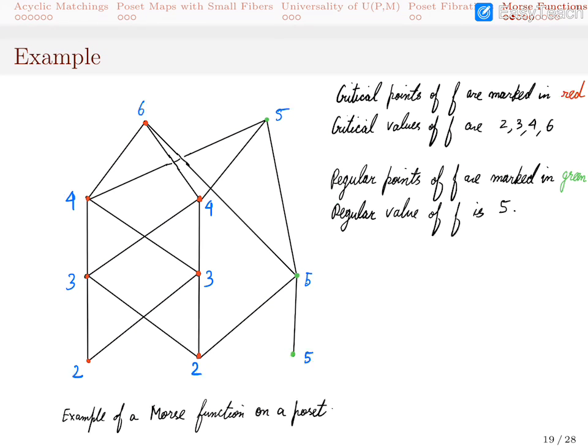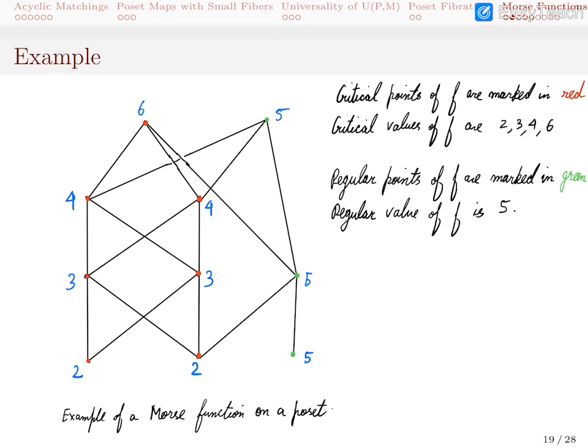Next we have a short example. Consider the Hasse diagram of this poset, with a function which I have written here in blue. This is a Morse function, as you can easily check, and the critical points of f are marked in red. For example, this is critical because the elements which cover it are assigned the values 6 and 5, which are greater than 4, and the elements below it both have value 3, which is less than 4, so it works.